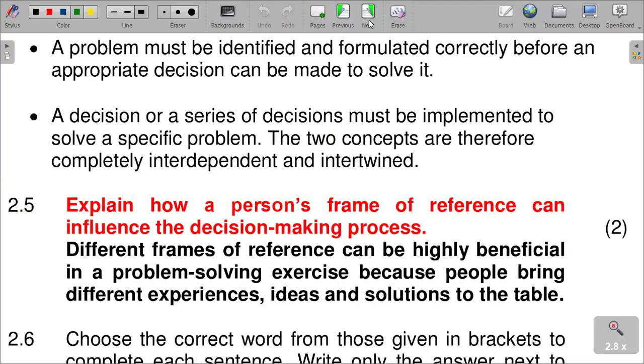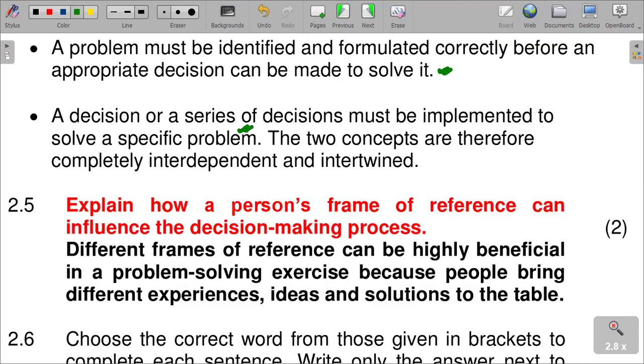So a problem must be identified and formulated correctly before an appropriate decision can be made to solve it. A decision or a series of decisions must be implemented to address a specific problem.